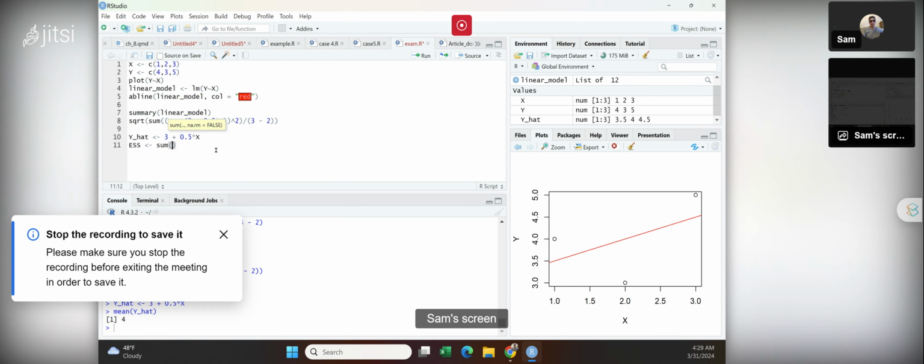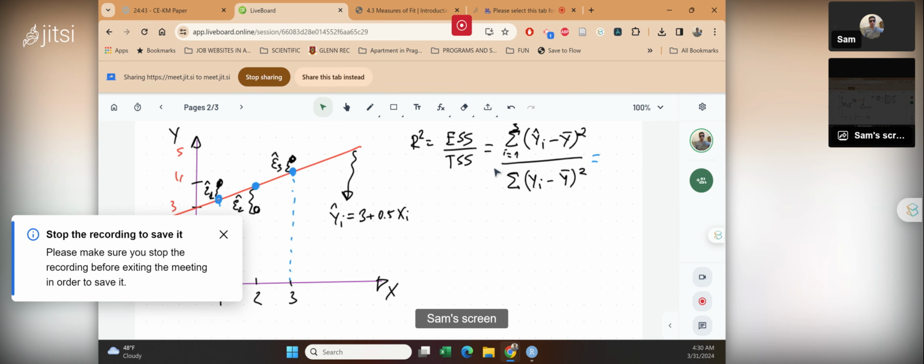the sum of y hat minus the mean of y hat. Then you have to square these values and actually divide by 3 here. I had a little bit of a mistake here, because ESS is actually equal to this divided by 3, the number of data points, but because of the division, these two, they are canceling each other out.